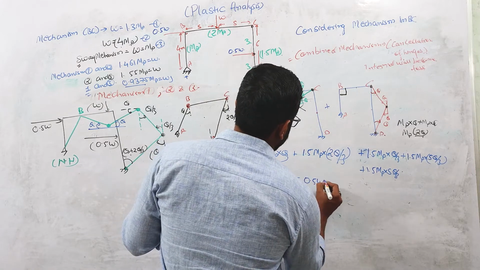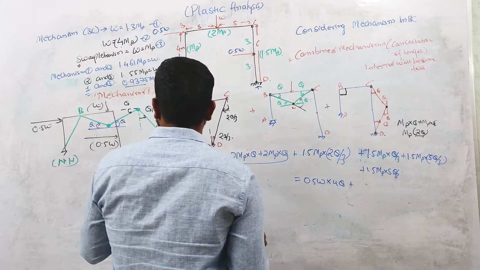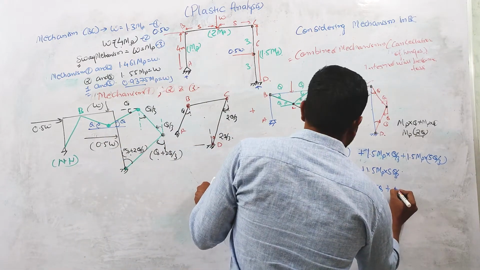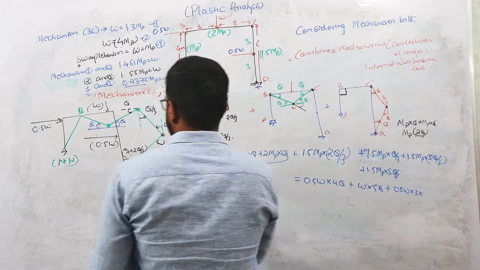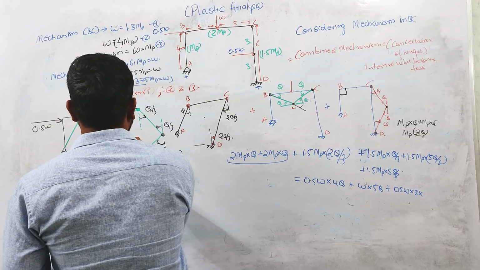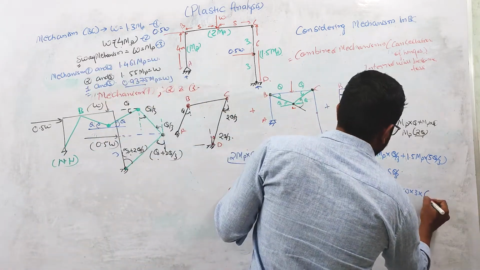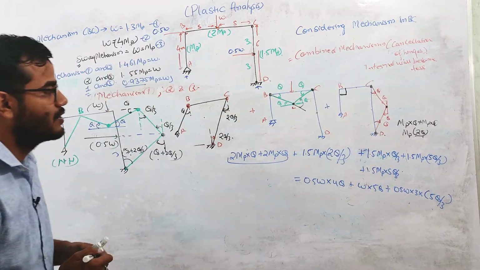External virtual work done will be 0.5 W into 4 theta plus W into 5 theta plus 0.5 W into 3 into theta. This is 3, so through trigonometric relation, this is 3 into 5 theta by 3. Okay, this is our external virtual work done.